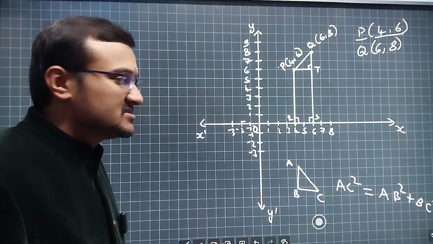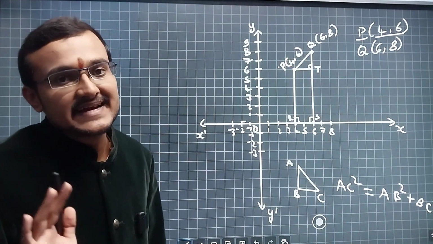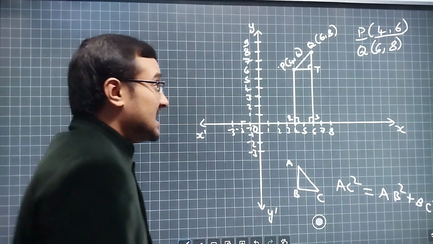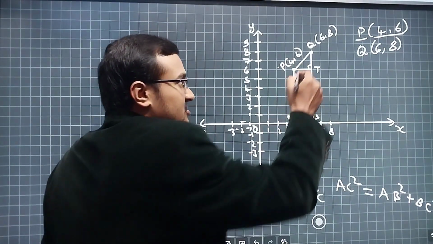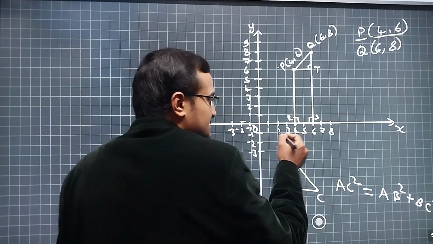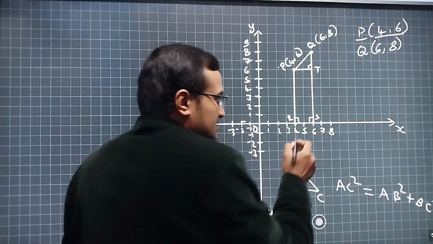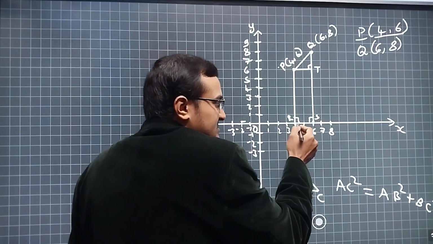So based on this, we are forming a right angled triangle PQT. P value is 4, 6 and Q value is 6, 8. So RS value is equal to PT value. What is RS?